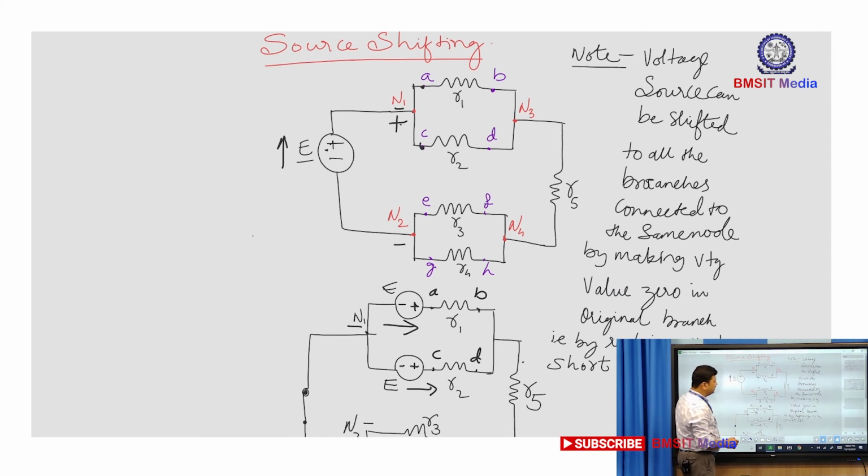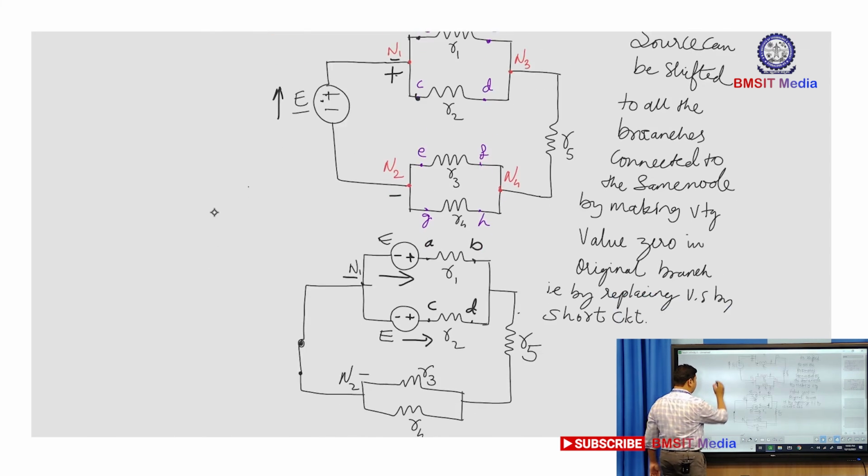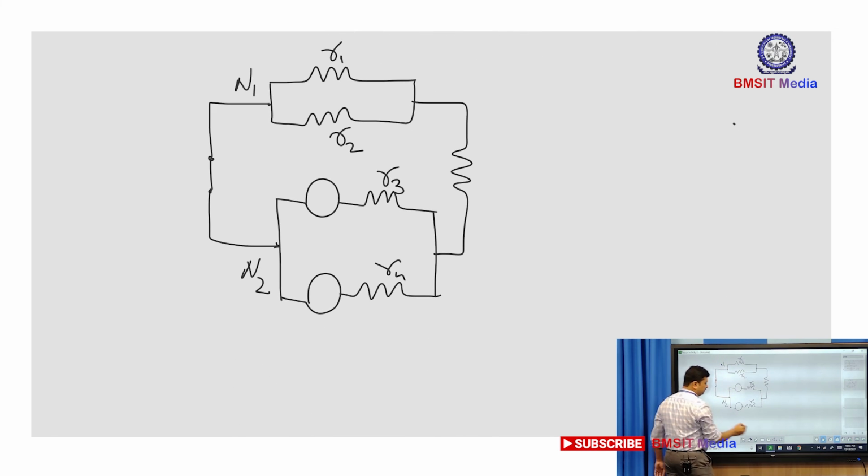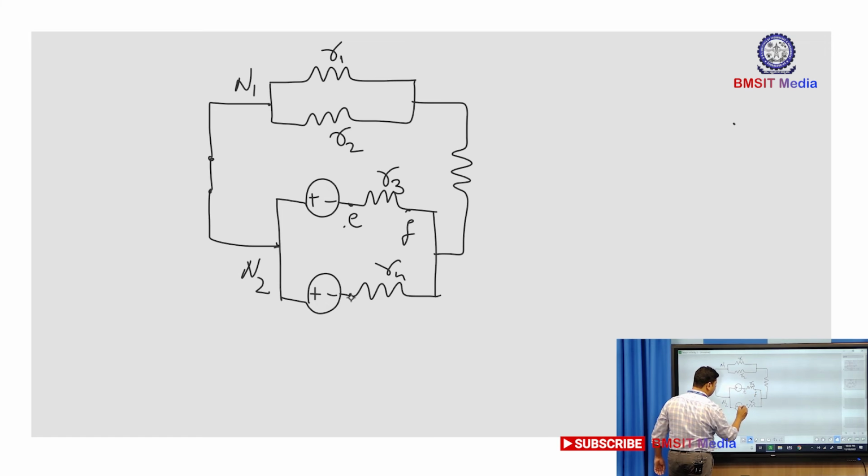Now in the original circuit, terminals E and G of R3 and R4 respectively are connected to N2, which is at negative potential. So terminal E is at negative potential, terminal G is at negative potential. I have to follow the same potentials. So here I should mark the polarity of the shifted source in such a way that the original potentials of both terminals of both the resistors are kept as they are.